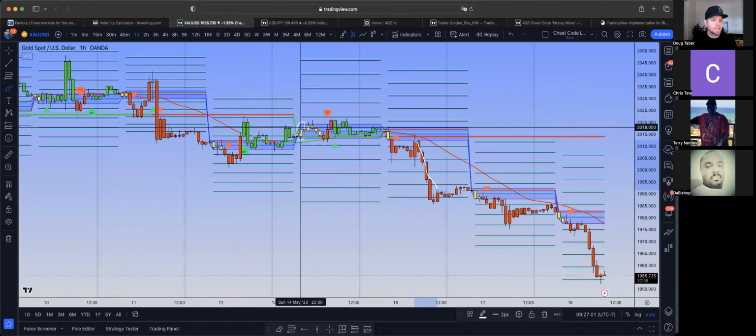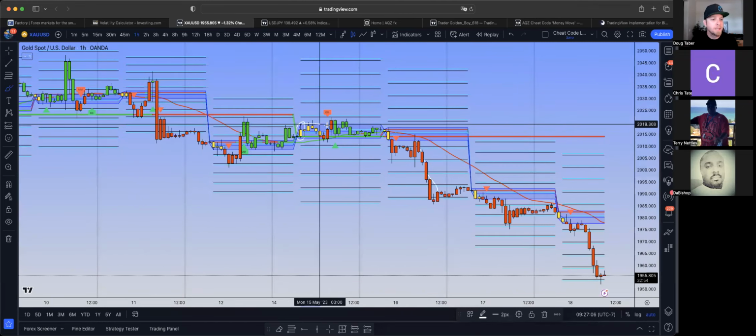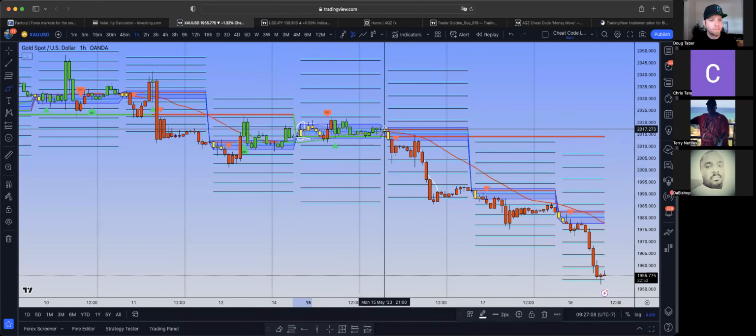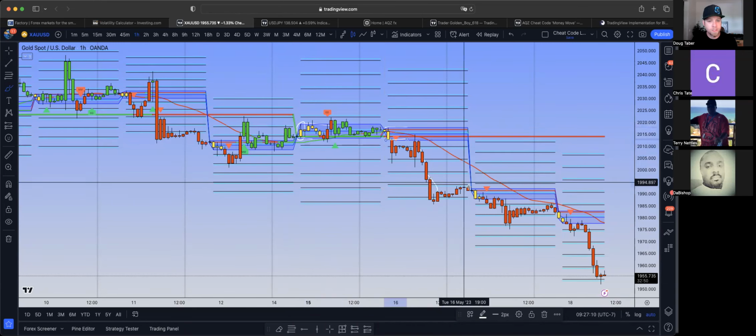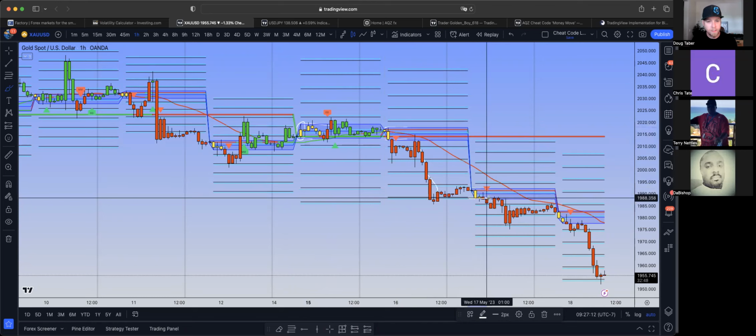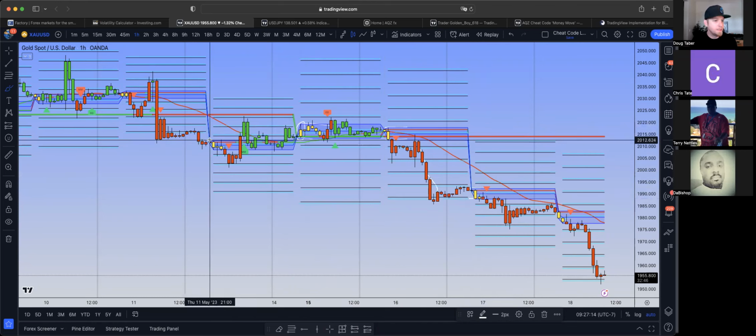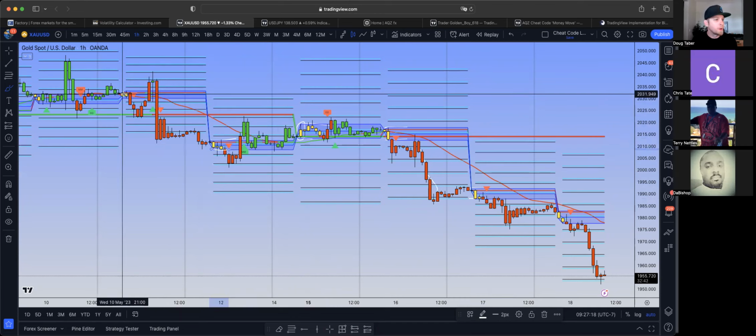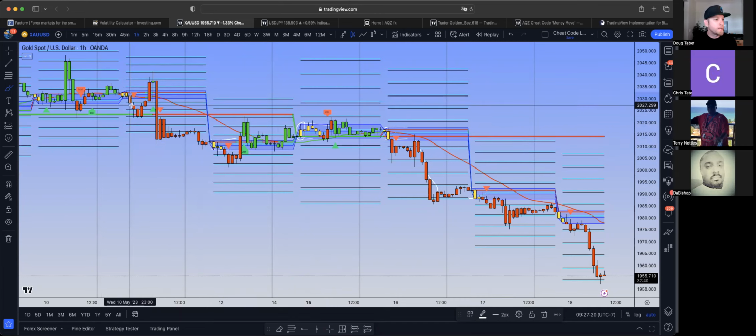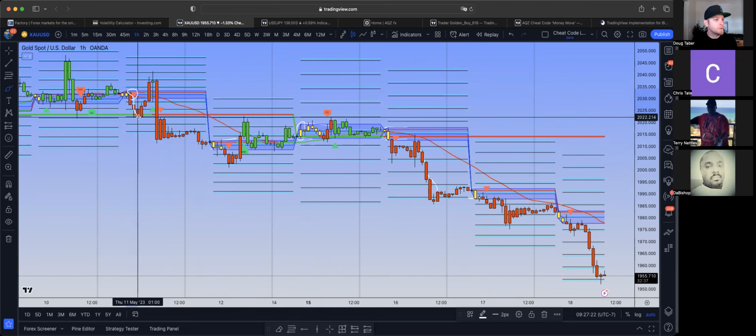Now, with this key zone being highlighted every day from 12 a.m. to 2 a.m. Eastern Standard Time, it acts as a breakout zone. The market produces a breakout, we get a signal, and then a movement.